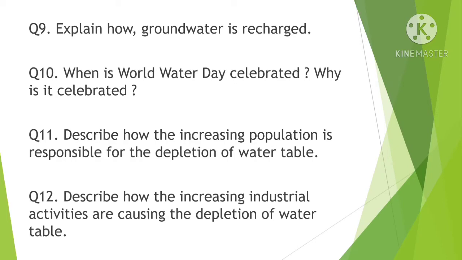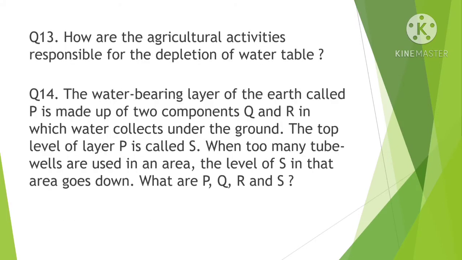Now our next question is, how are the agricultural activities responsible for the depletion of water table? Now we know that for growing the crops we require a lot of water because the crops are required to be irrigated. Now in India, most of the farmers depend on the rain for the irrigation.